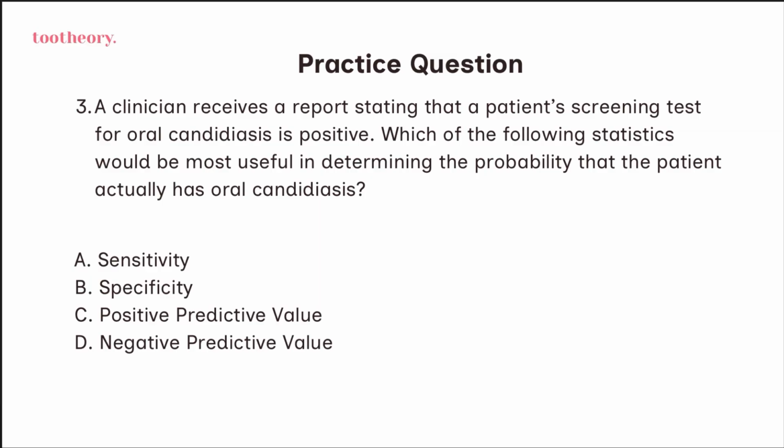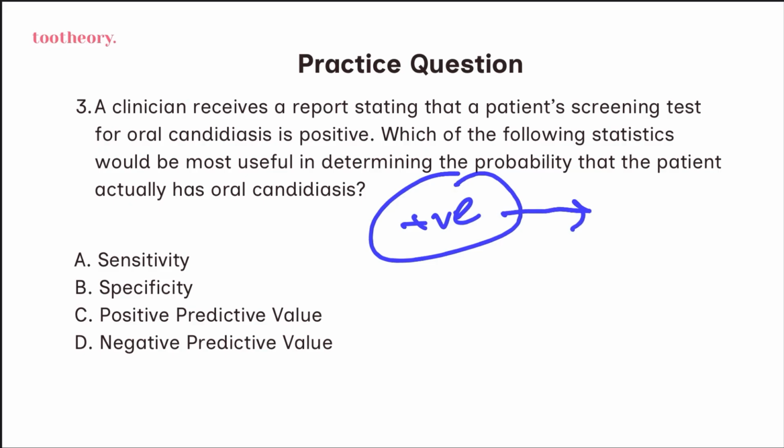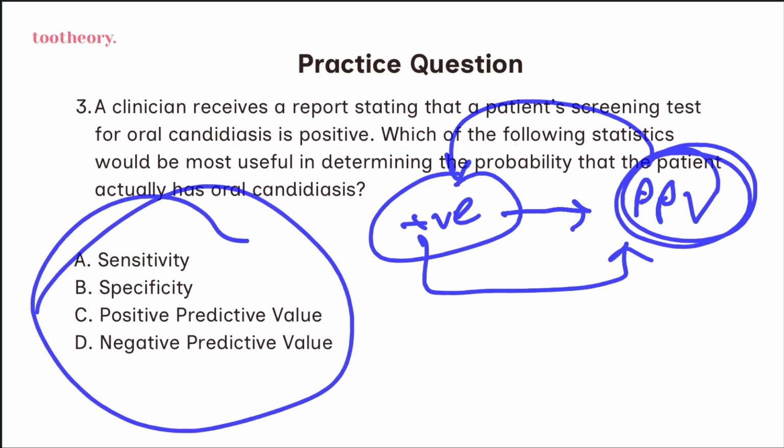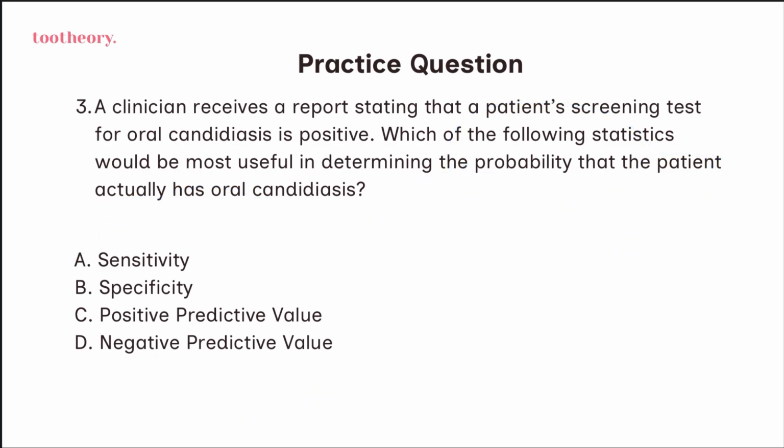So let's see, whenever we start with a positive test result and we want to know the probability of a disease, we're basically talking about the positive predictive value, because this only talks about the positives, right? So let's see if any of these fits the statistic that the question is asking. Sensitivity is: the patient has the disease, and we ask how often does this test become positive.